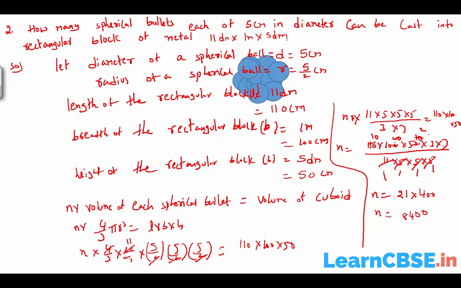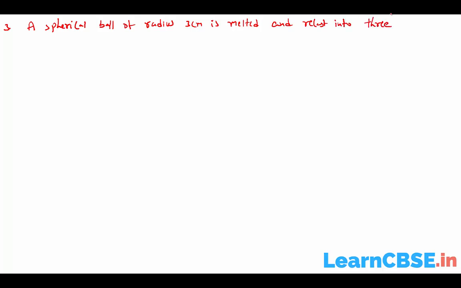Next question. A spherical ball of radius 3 centimeters is melted and recast into 3 spherical balls.